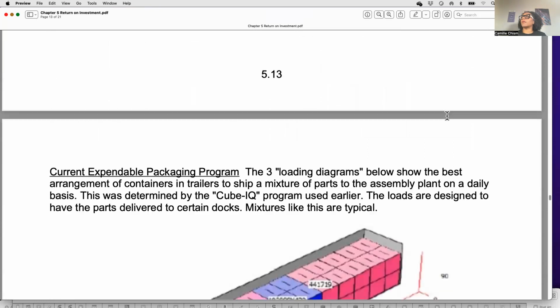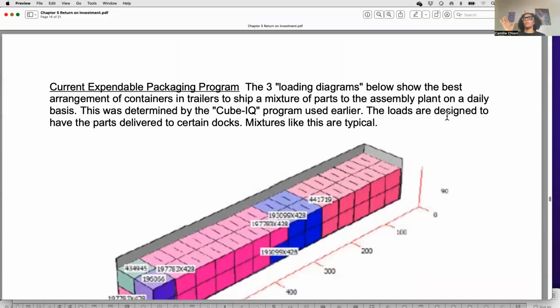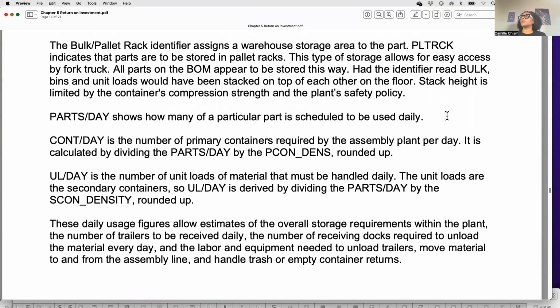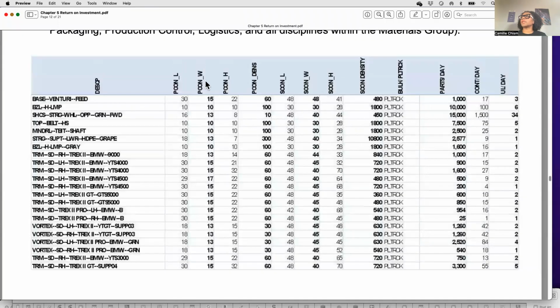So there's a lot going on. So you basically want to look at your whole supply chain and the whole manufacturing process. You want to look at everything, and all this actually comes into play. So that's why, though this looks like it's not much information, it can be used for a lot of different things.